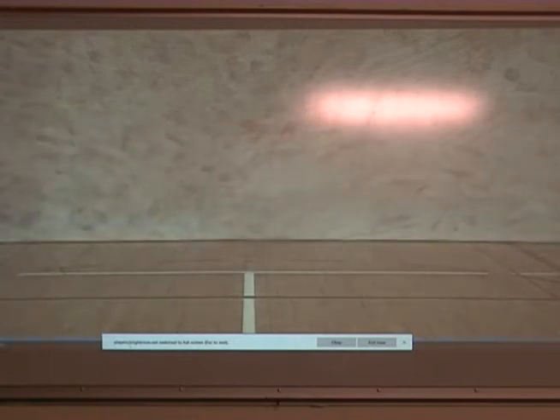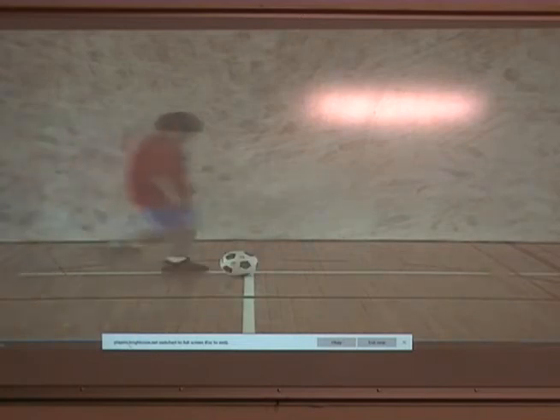So he's coming in a bit faster, has had a bit more practice, his timing, the swing of the leg to the ball.